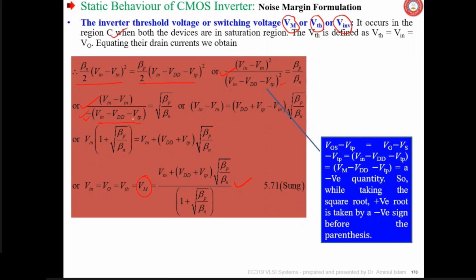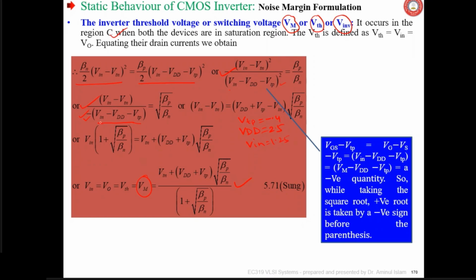Is it a negative quantity? Take some example values. Say Vdd equals 2.5 volt, and Vtp equals say -0.4 volt. Tell me what Vin is. 1.25. Very good, 1.25 is the Vin.